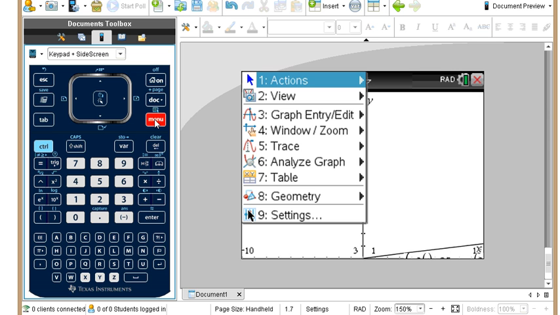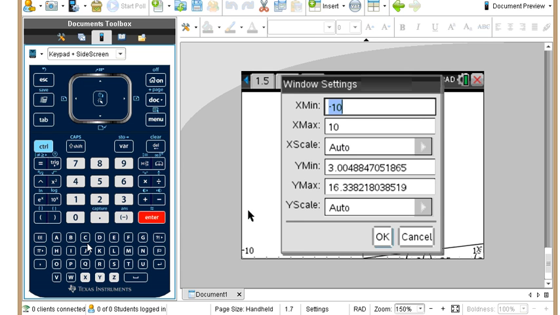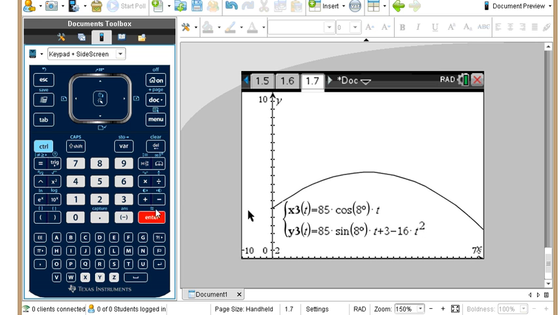And we can play around with the window settings. It's a softball pitch. We can go from -10 to say 70, and for Y minimum we can start at 0, go up to 10 feet, maybe that'll do it. And so we get a path. Even if we don't set a window, we can automatically go to graph trace. You see our maximum height's going to be right here.